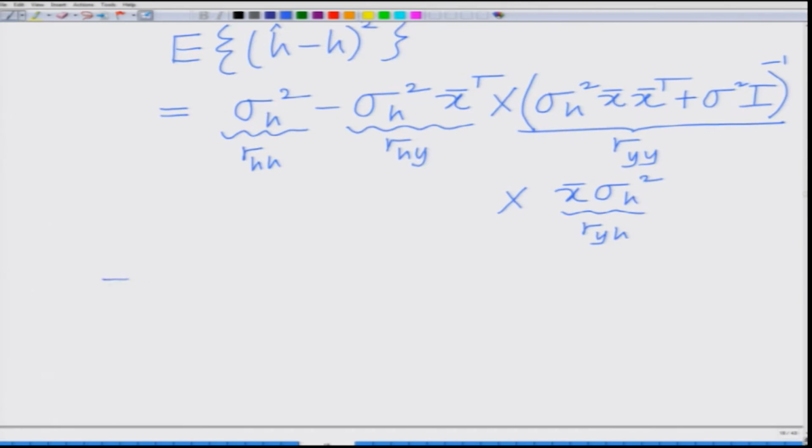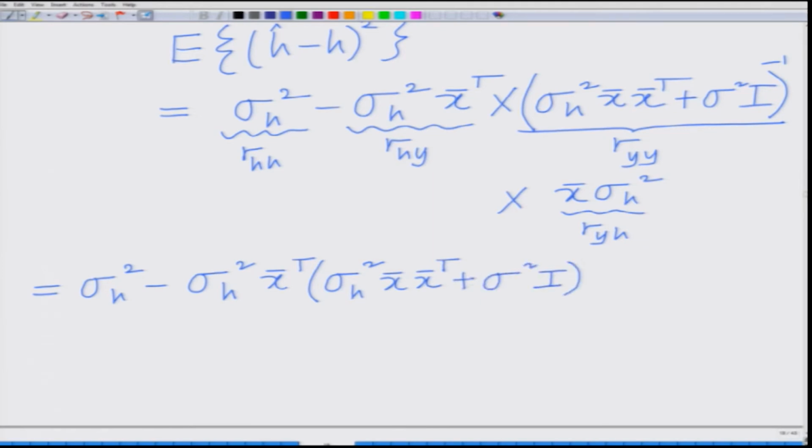So, this is the expression for the MMSE. Let me write it down once again clearly, that is basically sigma h square minus sigma h square x bar transpose times sigma h square x bar x bar transpose plus sigma square identity inverse times x bar into sigma h square.